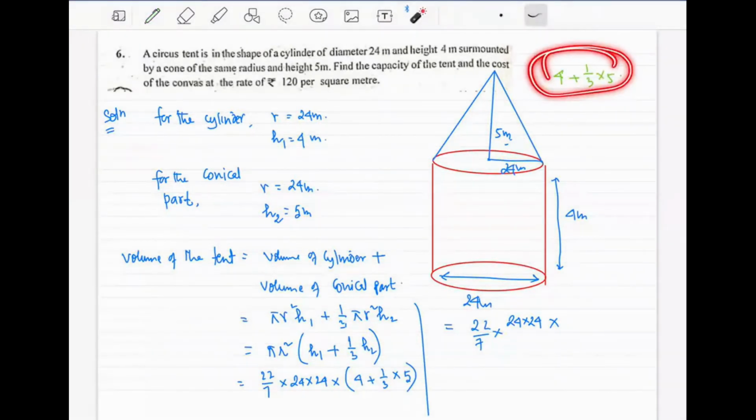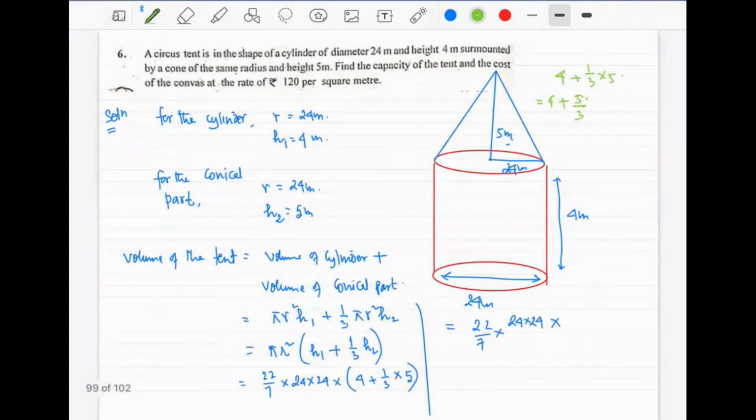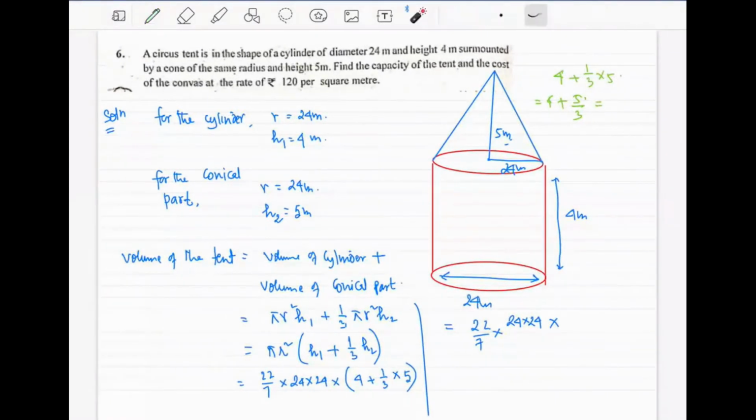So we will have 4 plus 1 by 3 into 5, which will be 5 by 3. If you multiply 3 4s will be 12. 12 plus 5 will be 17. So we have 17 by 3. So now 17 by 3 here. Cancel out now. 3 8s are 24.